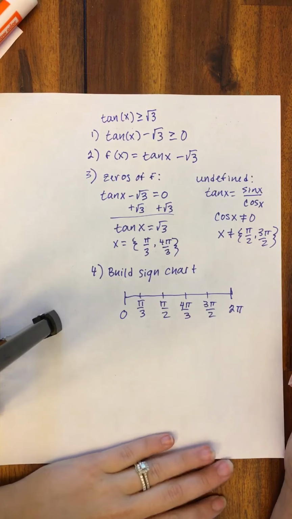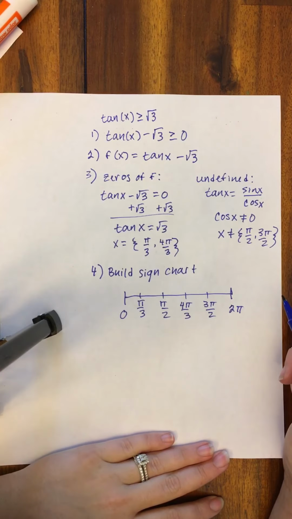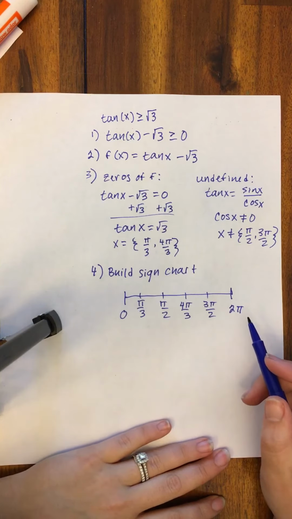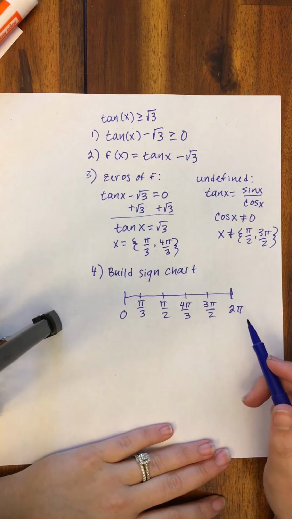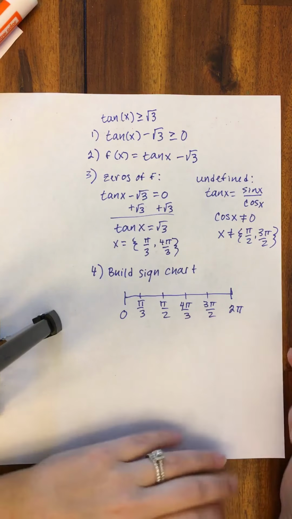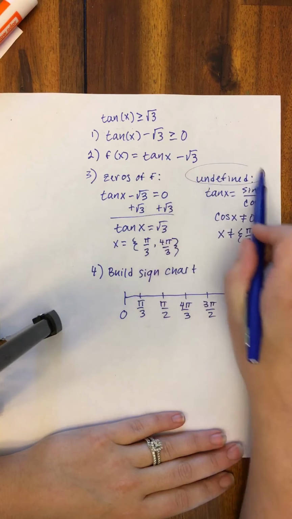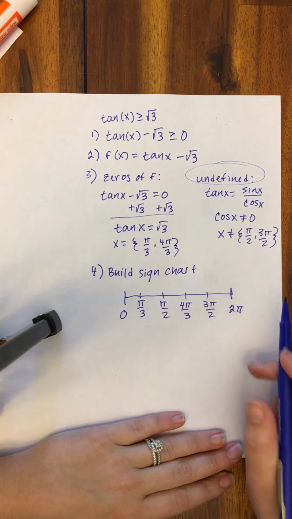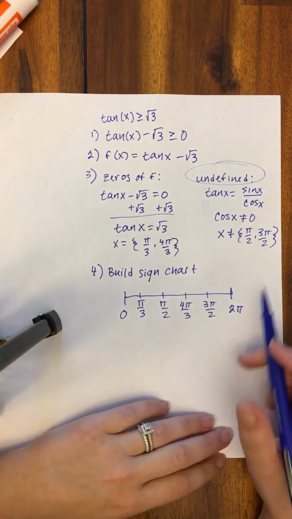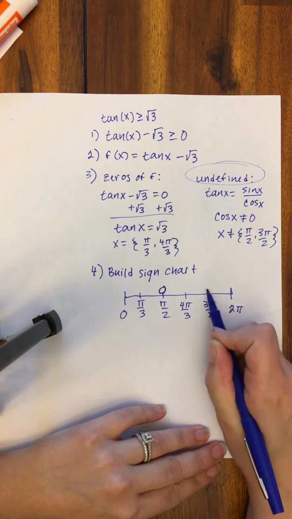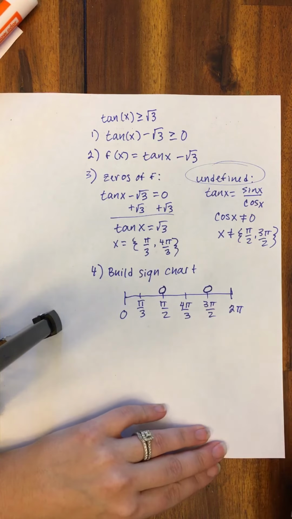Okay, so now we have to decide with the values that we put on the sign chart so far, should they be included in our answer or should they not be included? So basically, should you use a parenthesis on them or a bracket when we get to our interval notation? Whatever values come from making the function undefined, you never, ever include those. So I always put an open circle on these, so I remember that I'm going to put a parenthesis.